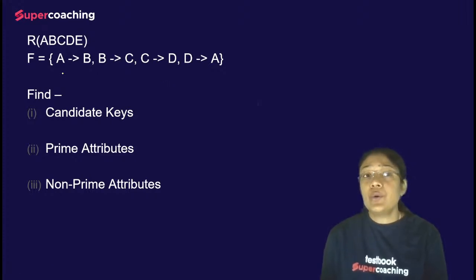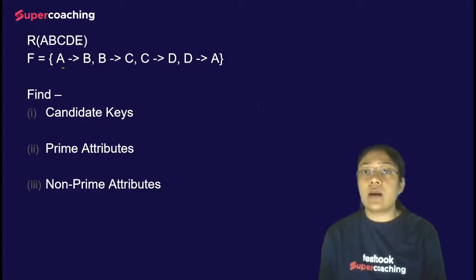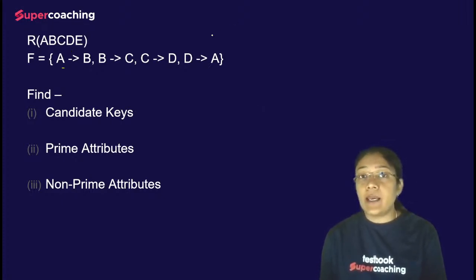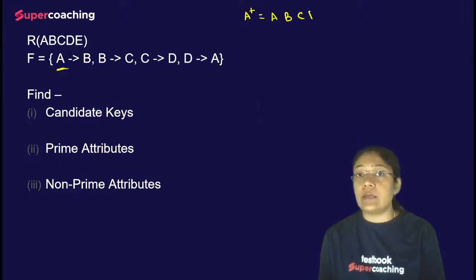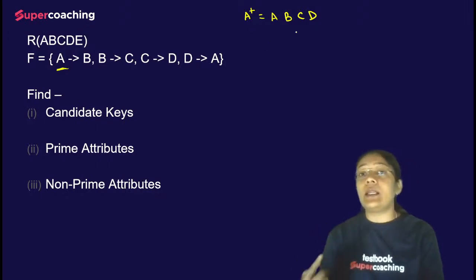Here, I'm given the functional dependency set in which we have 4 attributes A, B, C, D, but in the relation R, E is also there. So if I find A closure, we are going to get A, B, C, D, though E is missing. This indicates that we need to include E exclusively.